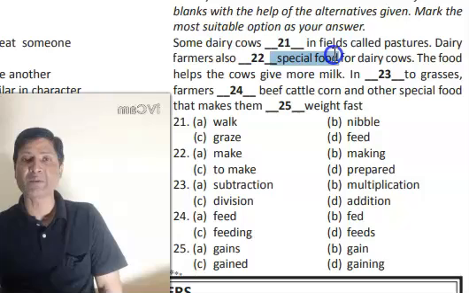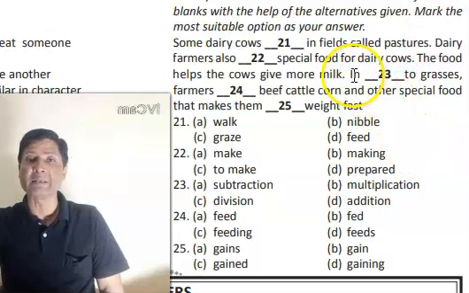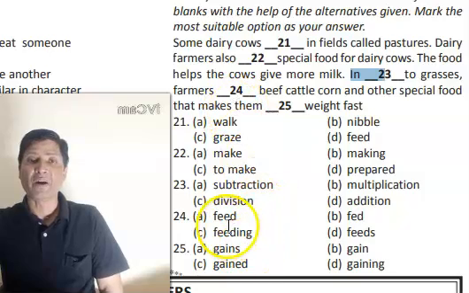The food helps the cows give more milk. In addition to grasses: here 'in' is called pattern, there should be 'in', and 'in addition to' is a phrase meaning besides. In addition to grasses, farmers feed.